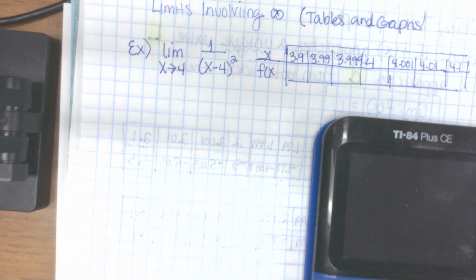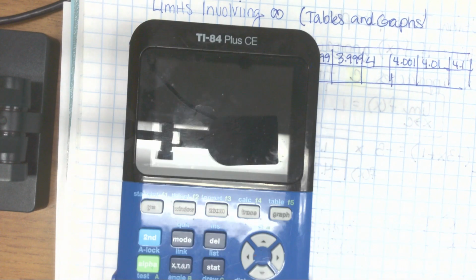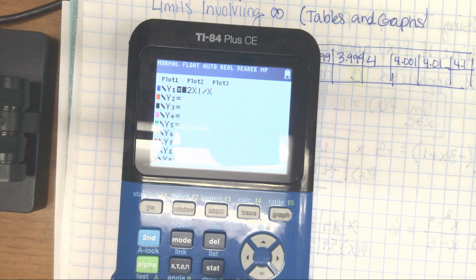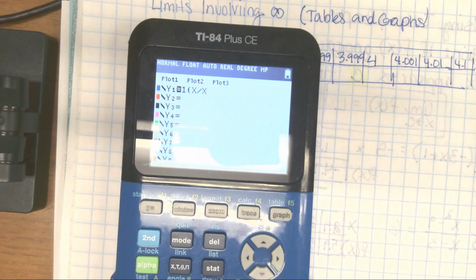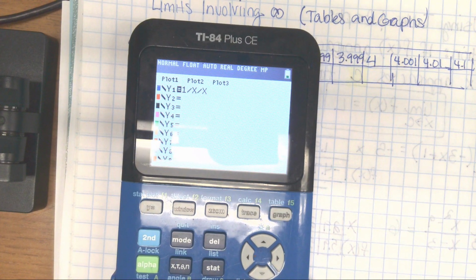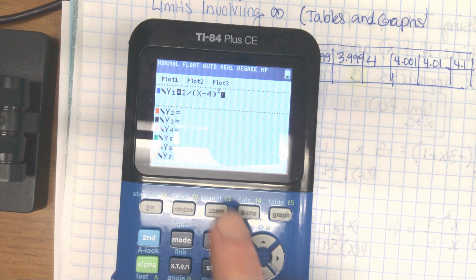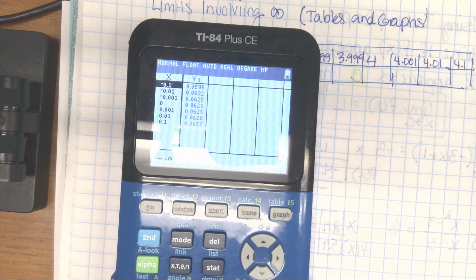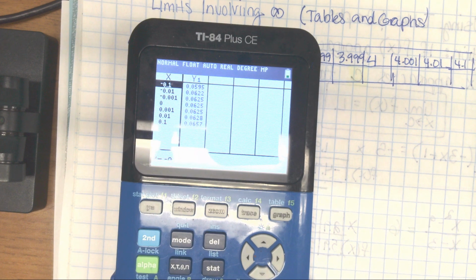Let's get our calculators out. We're going to make sure we use parentheses. Go to my table function, like I taught you yesterday to set it up.